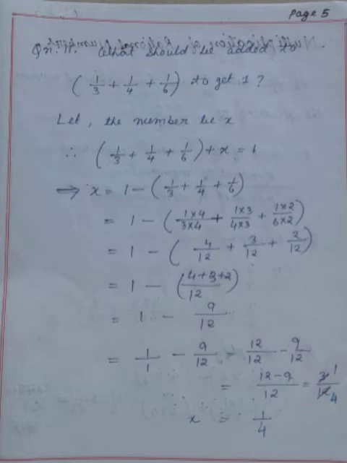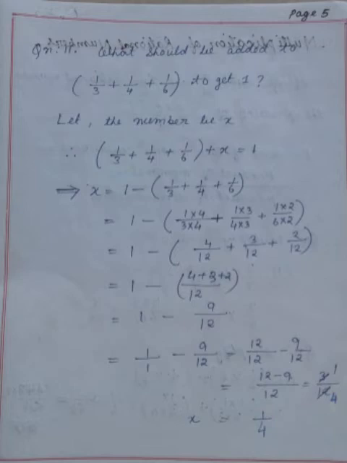As there are three rational numbers, we have to find the LCM and then find the sum. The LCM of 3, 4 and 6 is 12. If we add the numerators, we get 4, 3 and 2. After adding 4, 3 and 2, we get 9.